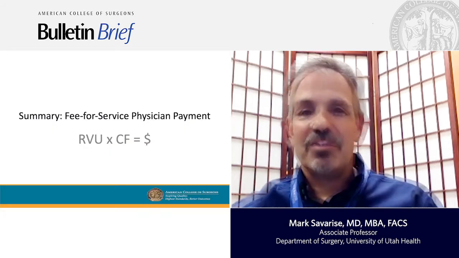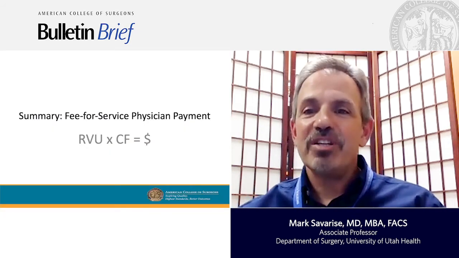The legislation that the ACS was instrumental in getting introduced by Dr. Barra and Dr. Bouchon does just exactly that. It holds harmless and basically keeps everyone at the same level for 2021 that they were in 2020, because we just really don't think that in the middle of this pandemic is a good time to be cutting people's reimbursement from Medicare.